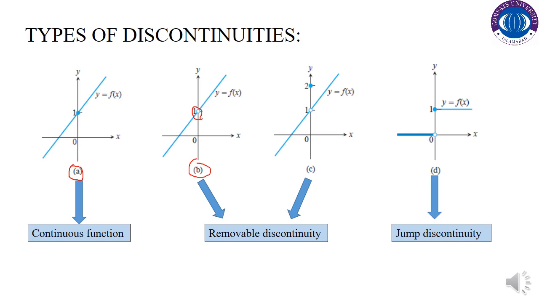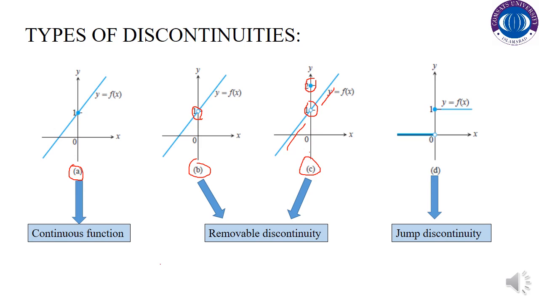And in the third graph, that is C graph, the value of the function is defined. The function is defined at 0, and the limit of the function at 0 also exists, because the left hand limit and the right hand limit go to the same point 1.